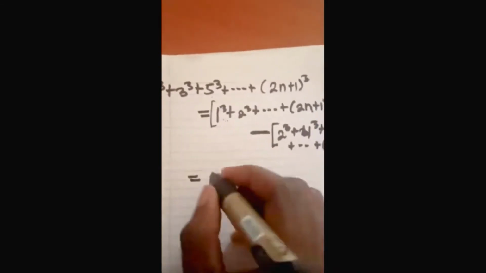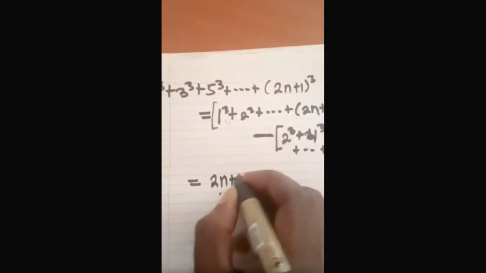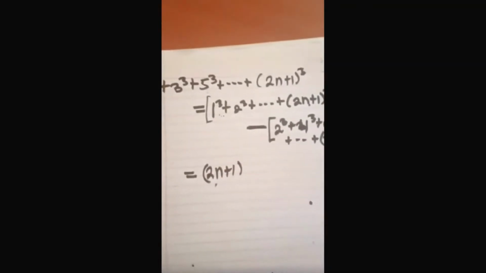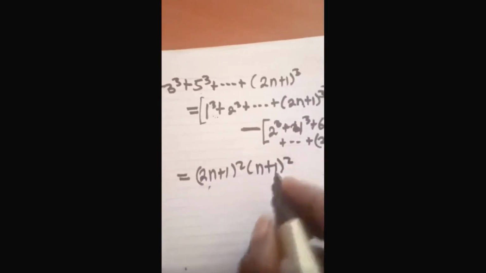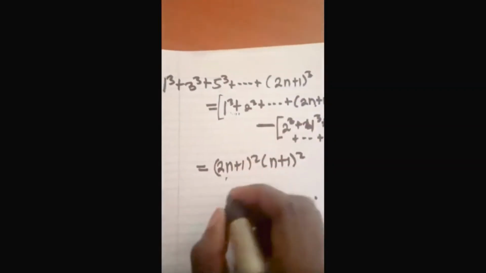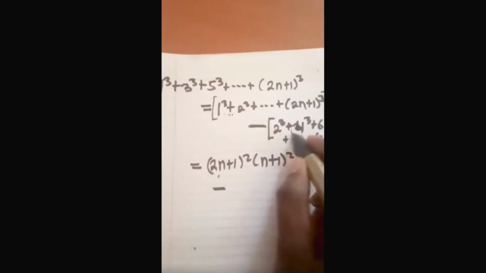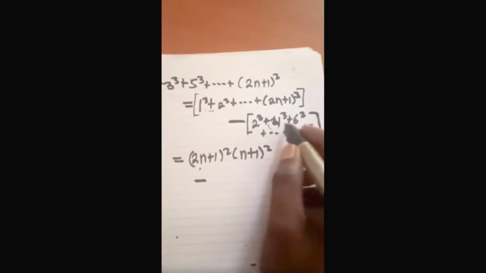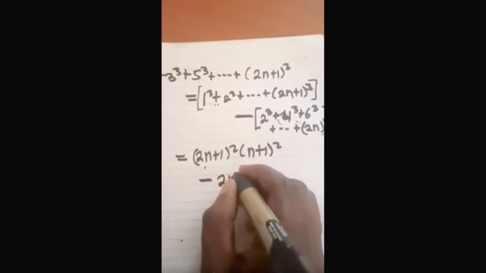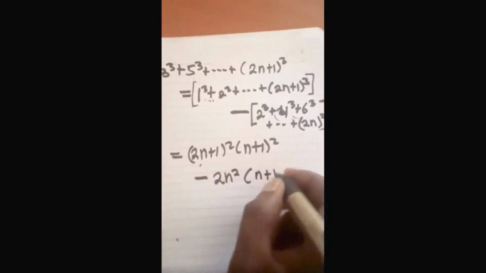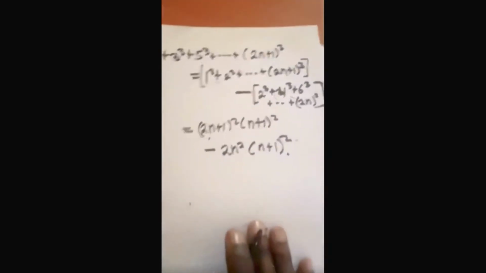It is where we have seen that we have 2n plus 1 squared into n plus 1 squared from here. Then minus this second one, you remember, what we call equation star. This is 2n squared into n plus 1 squared.